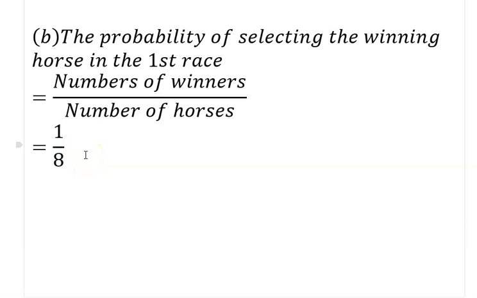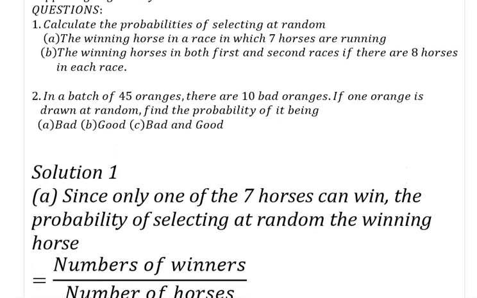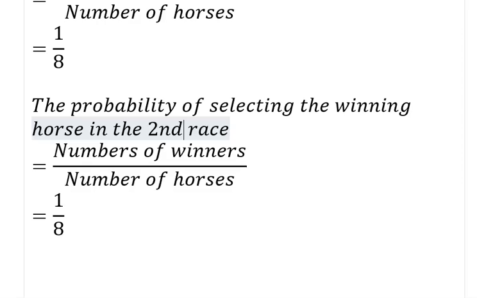Let's get the second race: number of winners, number of horses. Beautiful. Now, to answer the question in this B, we should calculate the probability of selecting at random the winning horses in both the first and the second race. We've been able to get the first race, and we've been able to get the second race.